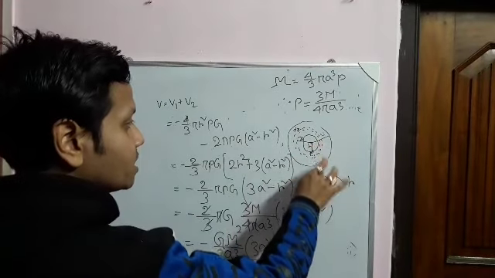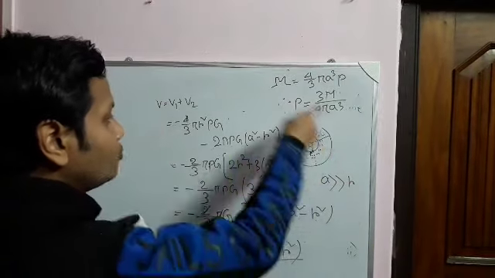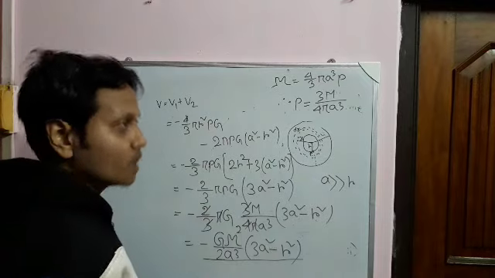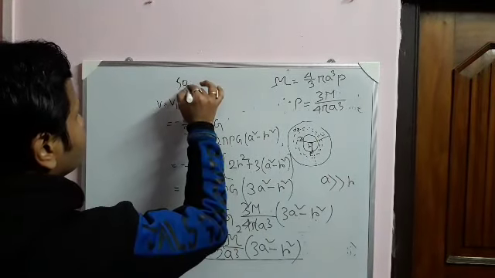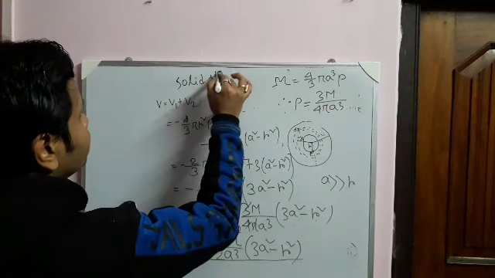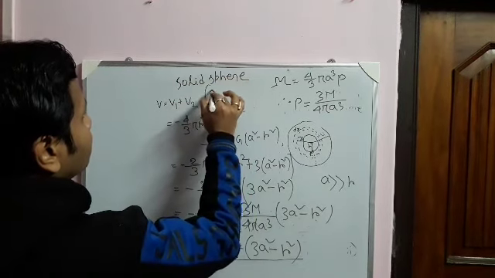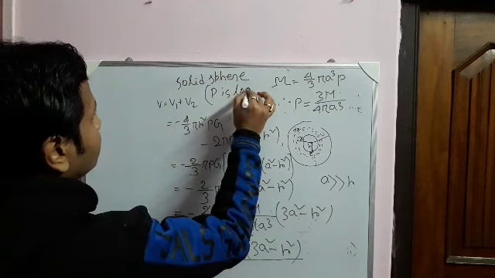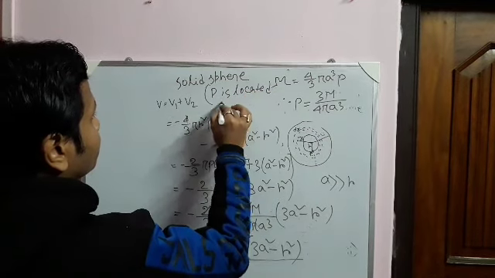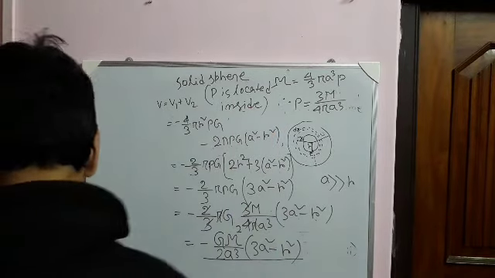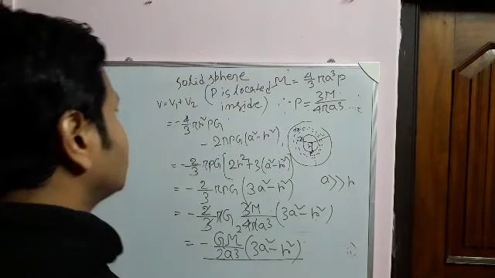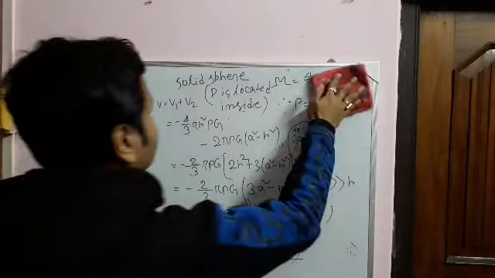You will get the potential due to the rest, and if you add these two terms, you will get the total potential due to the entire solid sphere. This is obviously for a solid sphere, with P located inside. So this is easy, and this is our first task.